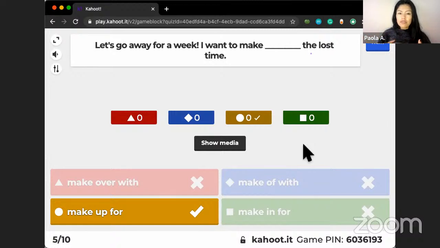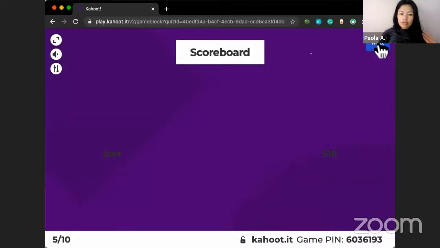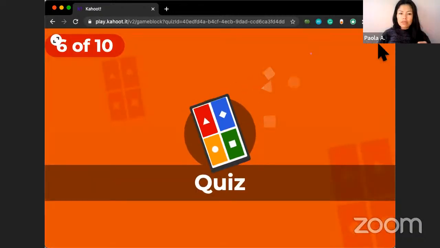Make up for, maybe putting a break before working so much, because obviously it's not good to just work. So because they have been working a lot, they want to have some free time.